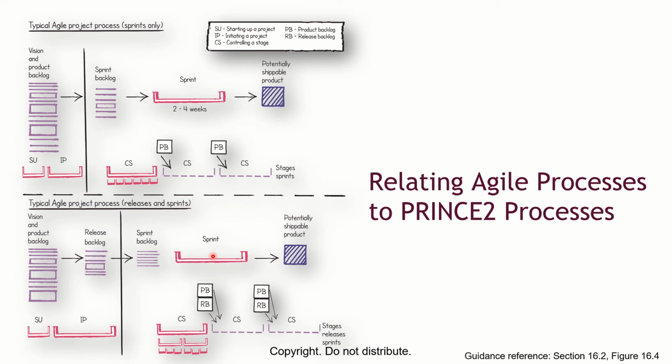And that is where the release sprints or backlog sprint comes in. So you have both the product backlog and the release backlog, and from them you can be picking what you will do at different stages.